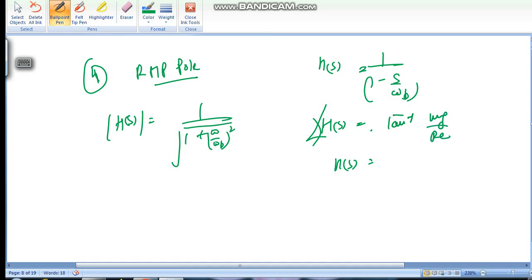Now this is in the denominator, so we need to make it numerator for finding the imaginary and real parts.